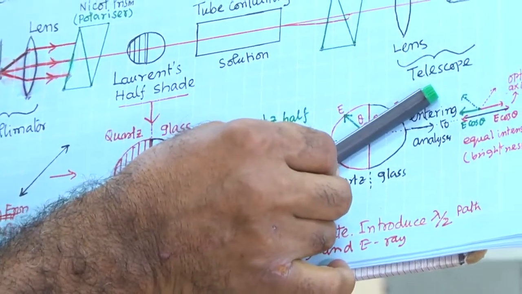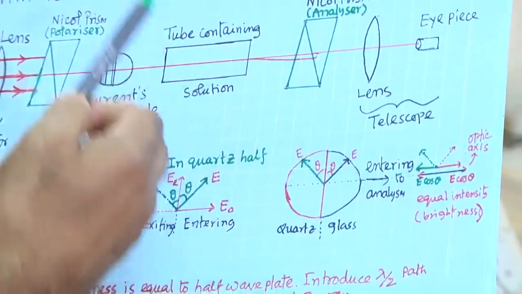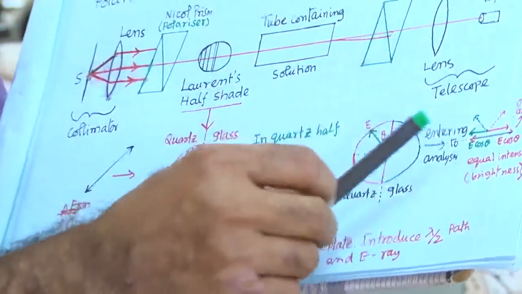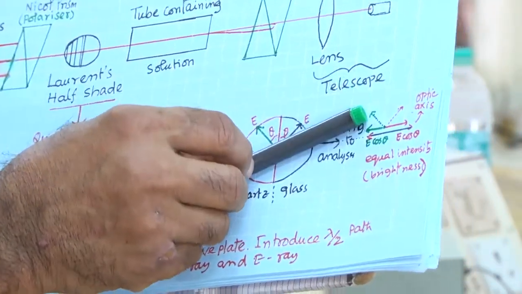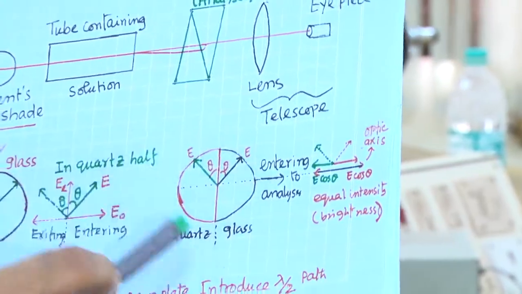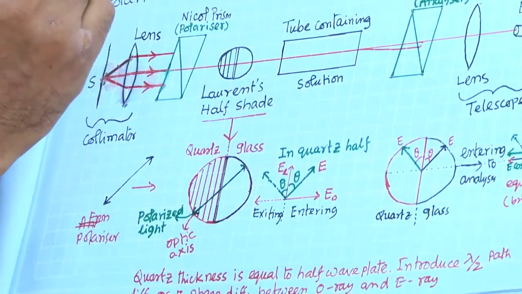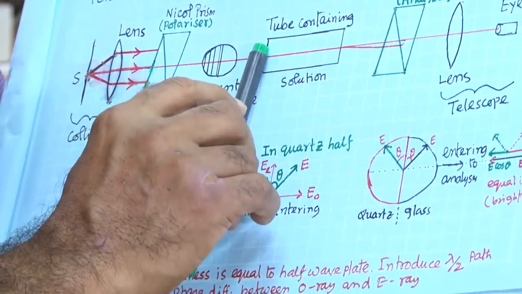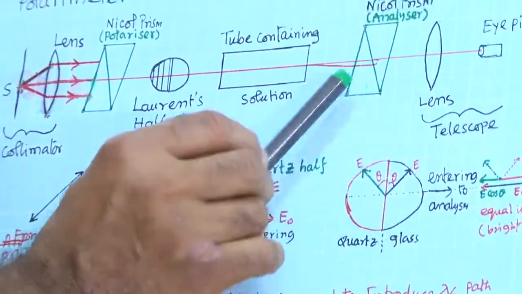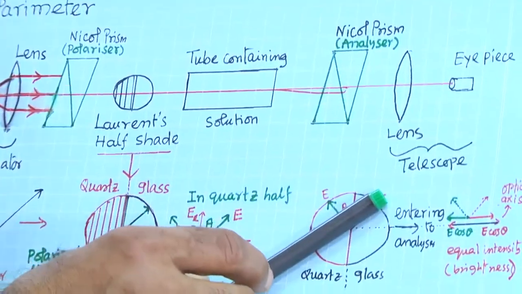So, to get our uniform situation, we have to also rotate the polarizer, analyzer by this angle to get uniform brightness on both halves. That way we will find out the concentration versus the angle of rotation. For different concentrations, at least 4-5 concentrations we will do.